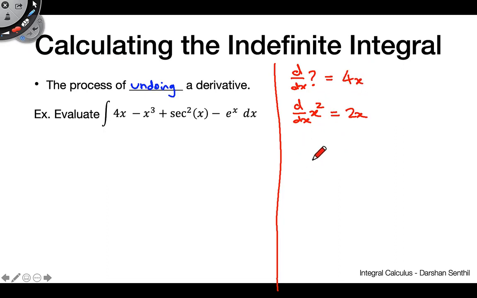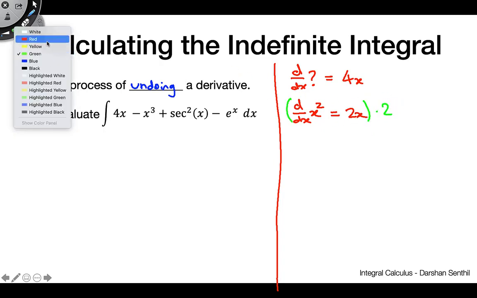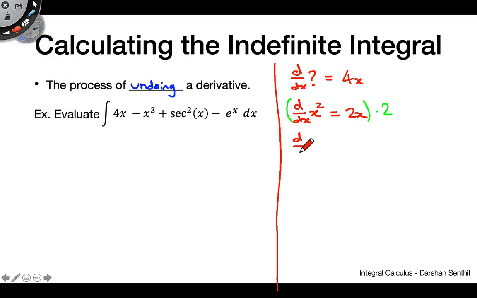Now we need to manipulate x squared just a little bit to make sure that the derivative becomes 4x instead of 2x. All we need to do is multiply everything by 2. So the derivative of 2x squared is equal to 4x, and that's exactly right. You can verify this for yourself using the power rule.